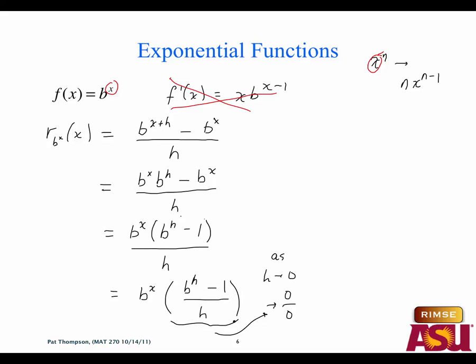The numerator approaches 0, the denominator approaches 0. So we're heading towards 0 over 0. So what do we do with this? Is that 0? Is it 1?